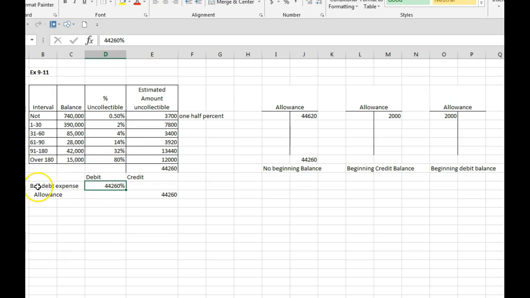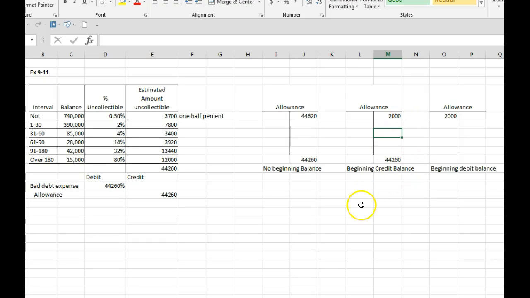Now, in the next scenario, what if I have a beginning balance, credit balance? This tells me I need to have an ending balance of 44,260 here. How do I get that? Well, the easiest thing is I have to credit this, right? So what do I have to credit it for?